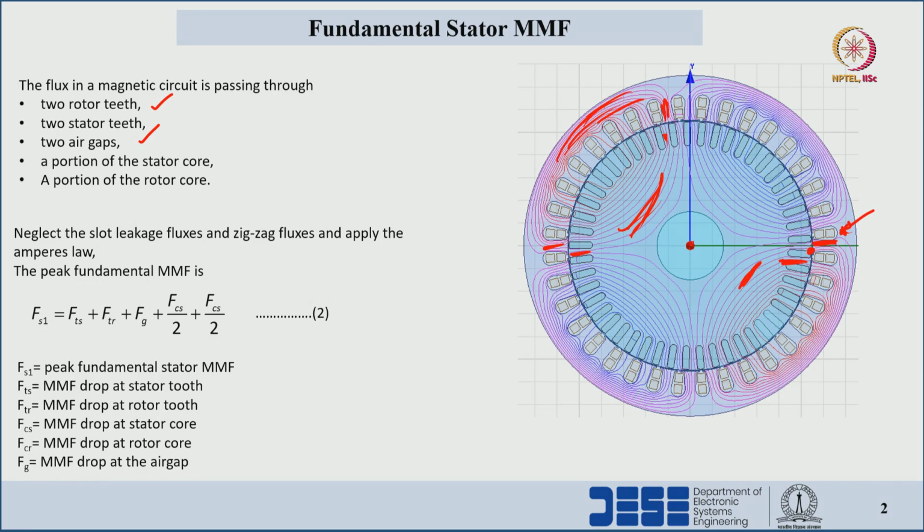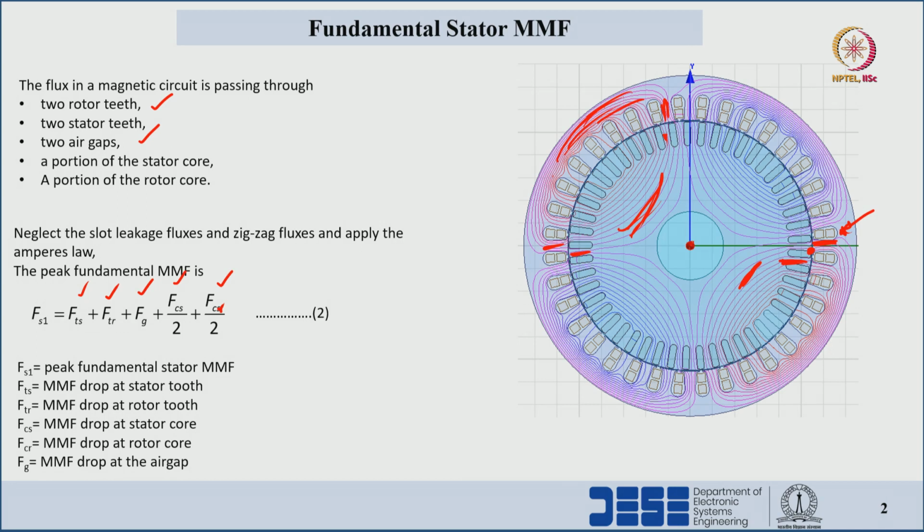Based on this flux path, if we apply Ampere's law, the peak fundamental MMF is the sum of the MMF drop with respect to the stator teeth, the rotor teeth, the air gap, the stator core, and the rotor core, here FCR.